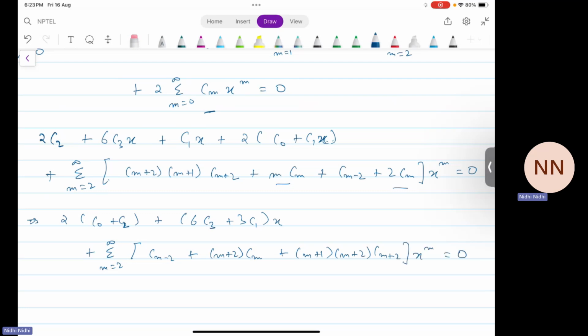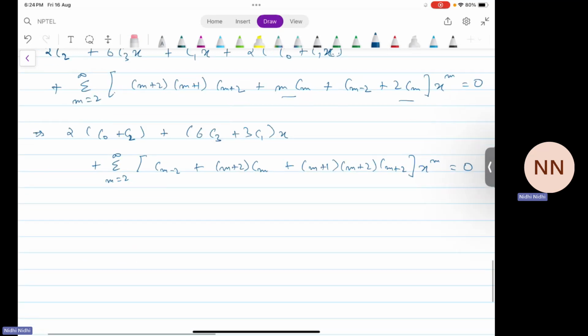Now on the right hand side, the coefficient of x to the power 0 is 0. This implies c0 plus c2 equals 0.